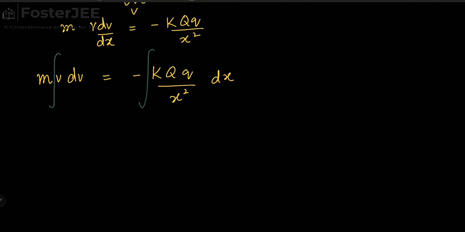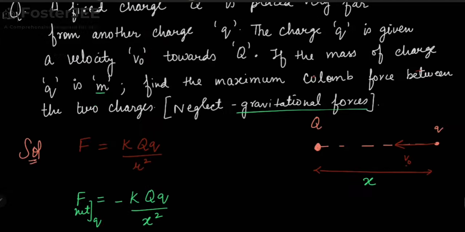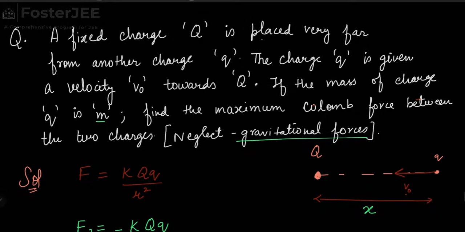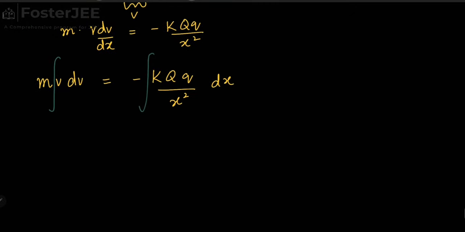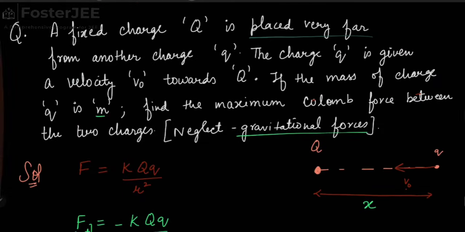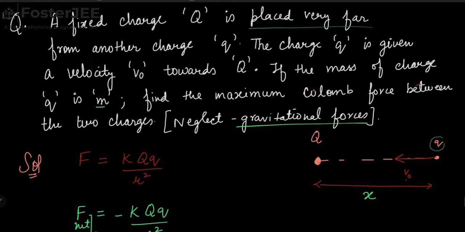Initially, the fixed charge q is placed very far, so the distance will tend to infinity. So initially x was infinity, and at that time the velocity imparted to this charge was v naught.